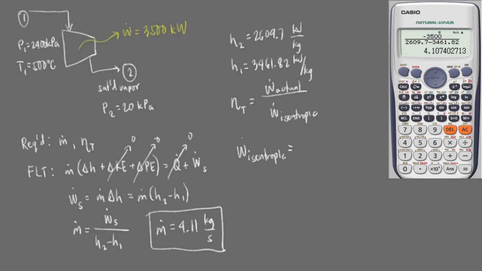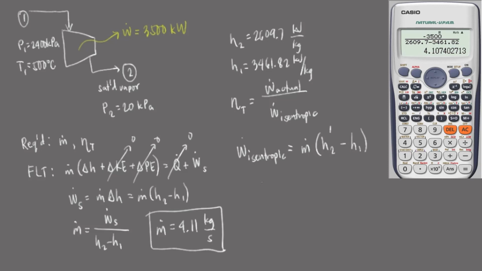This can be determined by the mass flow rate multiplied by the enthalpy of stream 2 prime minus the enthalpy of stream 1. The enthalpy of stream 2 prime is the enthalpy of stream 2 if we are carrying out an isentropic operation. That means that we have to determine the entropy of stream 1, apply that entropy to stream 2, and then determine the enthalpy of stream 2 if it has the entropy of stream 1.